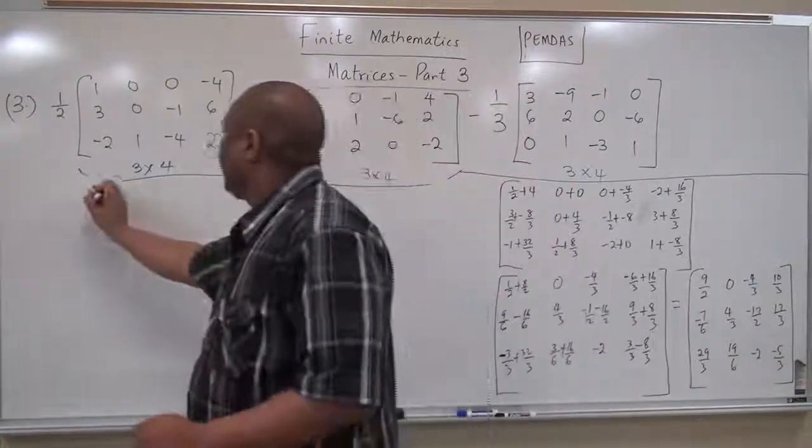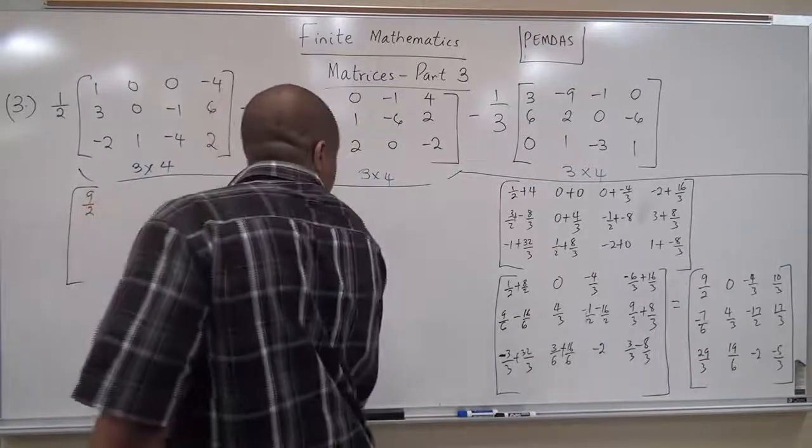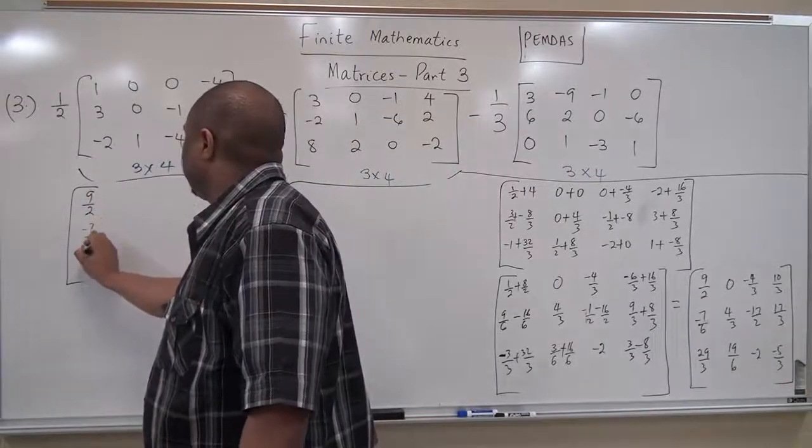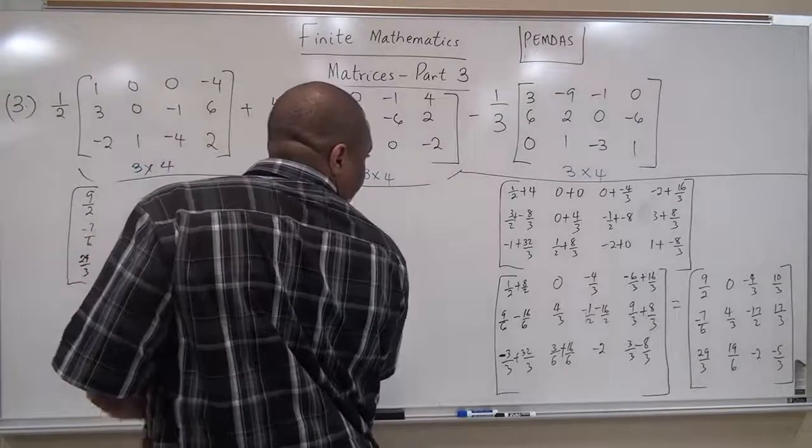So this is what we got here. We have 9 over 2, negative 7 over 6, 29 over 3, 0.